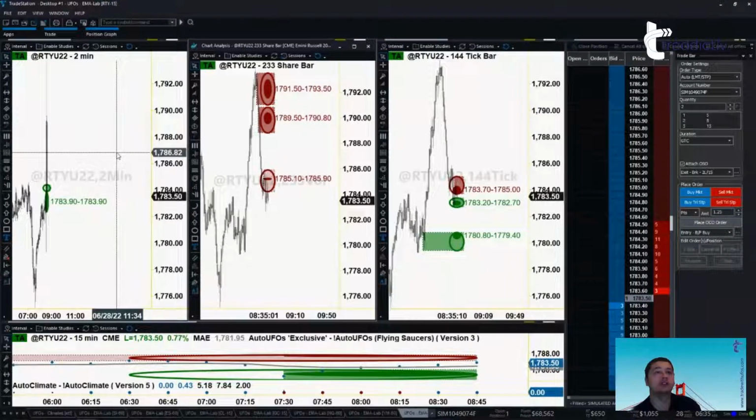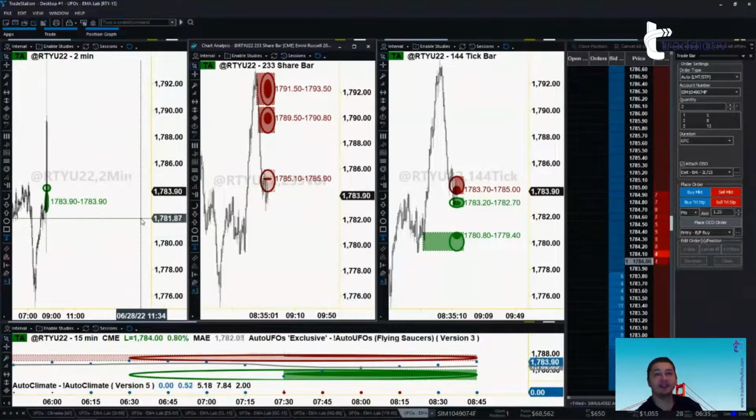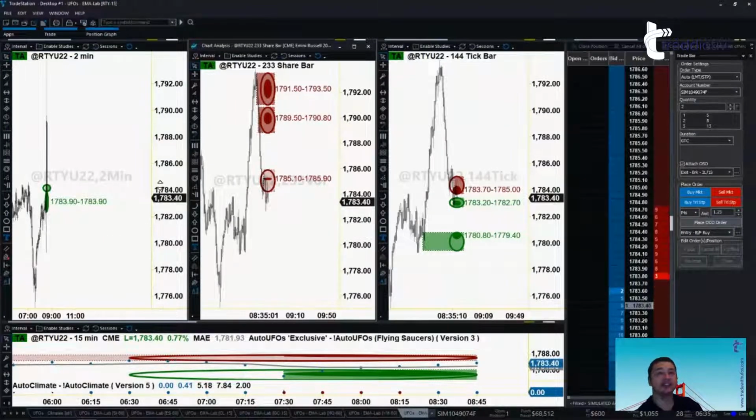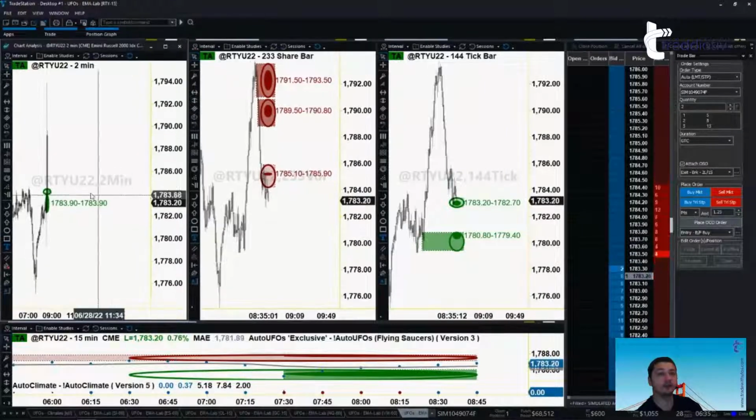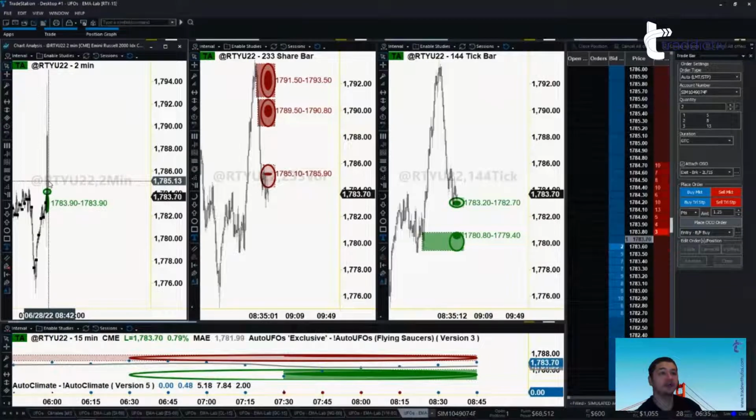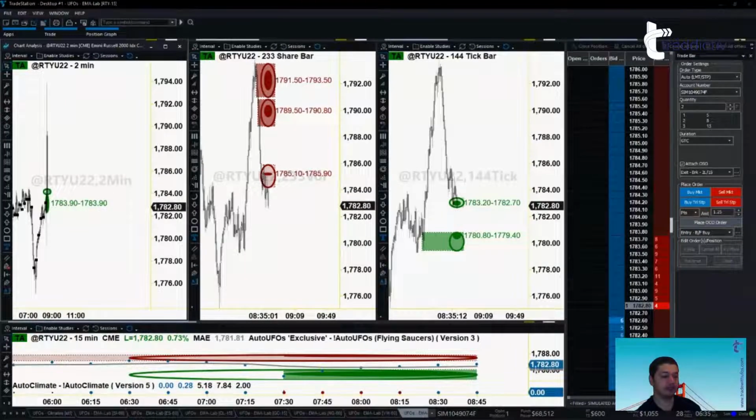What the? Okay, that was quick. Man, the Russell can move sometimes. Because I'm looking at the ES, I'm like, nothing like this happened on the ES.